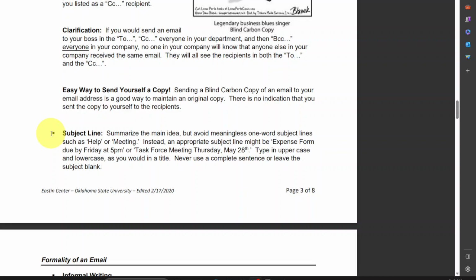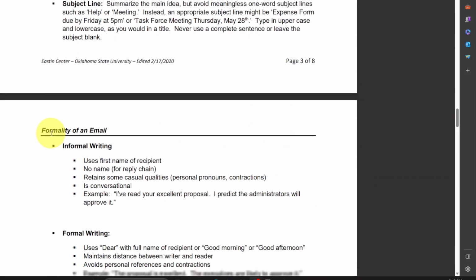Instead, an appropriate subject line might be: expense form due by Friday at 5 p.m., or task force meeting Thursday, May 28th. Type in uppercase and lowercase as you would in a title. Never use a complete sentence or leave the subject blank.